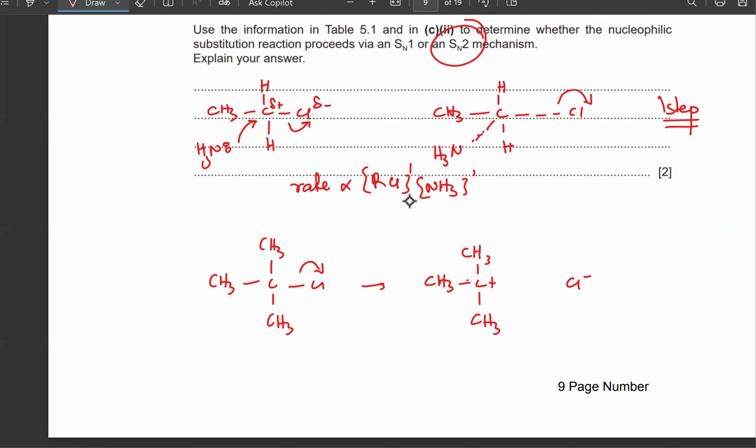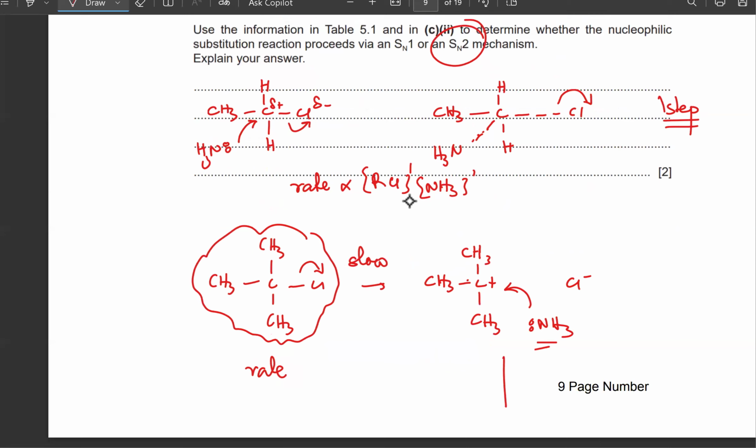In the next step, ammonia would come in with its lone pair and get attracted to it. So it was a two-step reaction, and the first step was the slow step. The slow step involved only one of the reactants. So the rate of the reaction was only dependent on the slow step. It wasn't dependent on the next step, because that was the fast step.